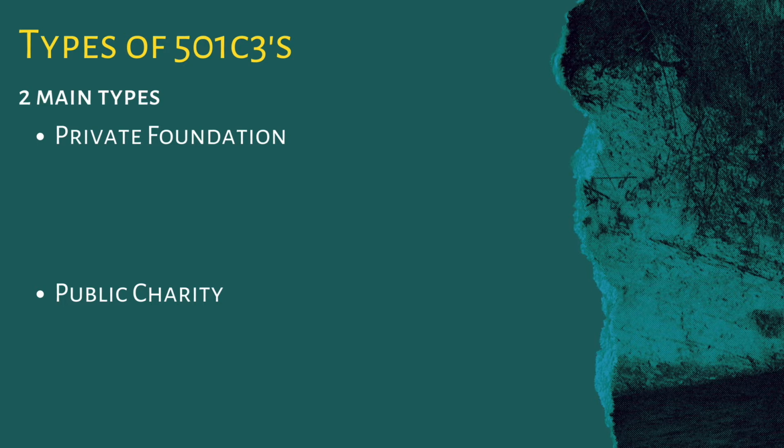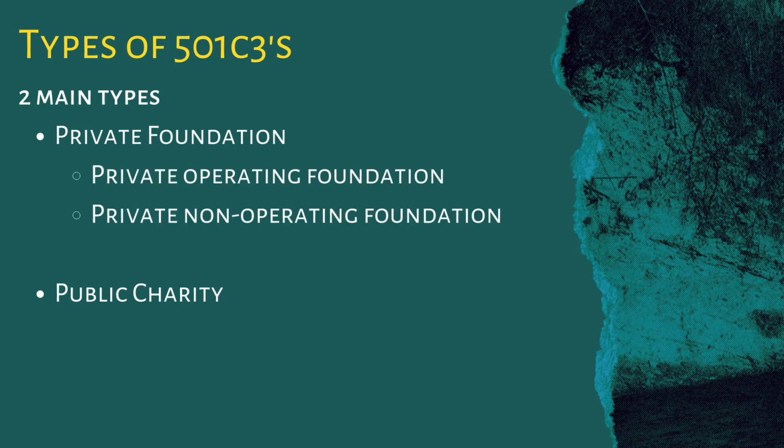Basically, there's a private foundation, which is a 501c3, and there's something called a public charity, which is also a 501c3. For private foundations, there are two types, and this is complex, but I will clean this up in a second: a private operating foundation and a private non-operating foundation.